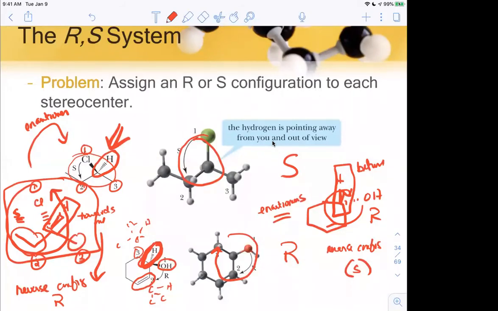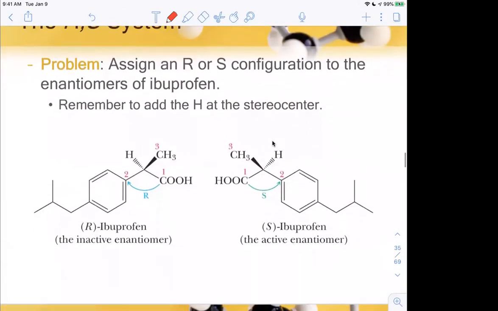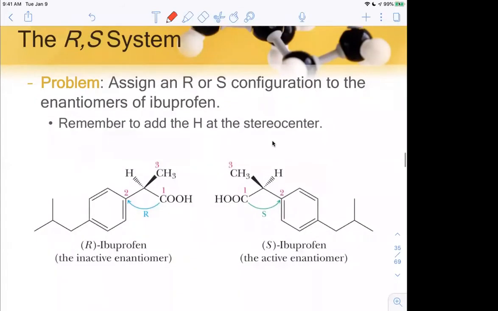You may have to build the model. This is sort of a gimmick. If the hydrogen points towards me and it's the lowest priority group, in my wedge and dash, I'm going to assign priority and then reverse it. If the hydrogen is dashed, it points away from me. If the lowest priority group points away from me, I'm going to assign configuration as is. Again, this takes practice.